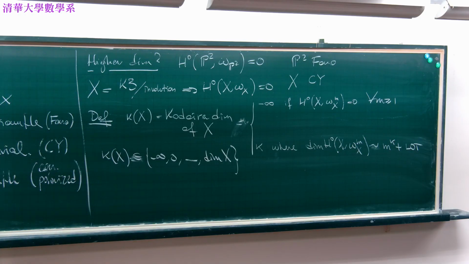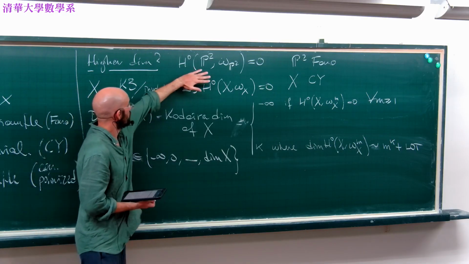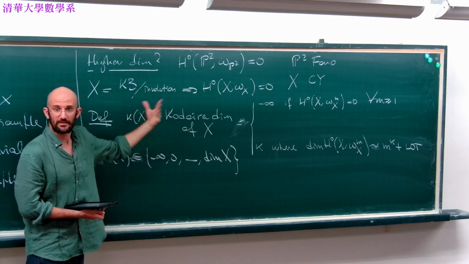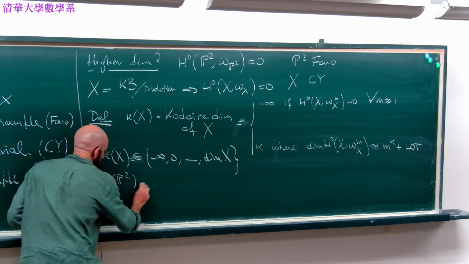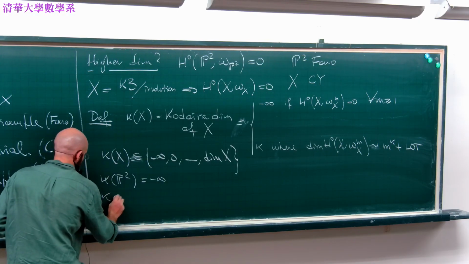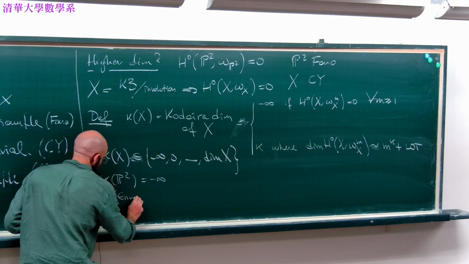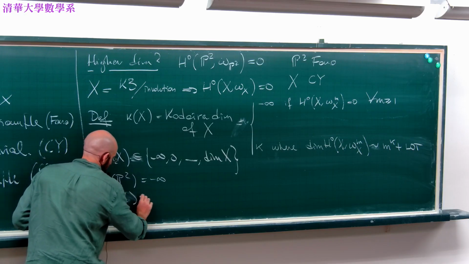And now we are very happy because while the genus could not tell these two surfaces apart, the Kodaira dimension can. The Kodaira dimension of P2 is equal to minus infinity, but the Kodaira dimension of the Enriques surface is equal to 0.